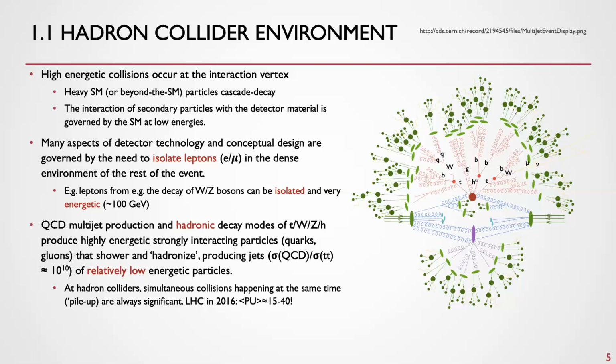In the data we took in 2016, we had between 15 and 40 interactions in each bunch crossing. So not only do you have such a complicated event, you have 40 more events that I did not draw here because you couldn't see anything, that need to be separated off first. We call this pileup because it's a piling up of interactions in the same bunch crossing.